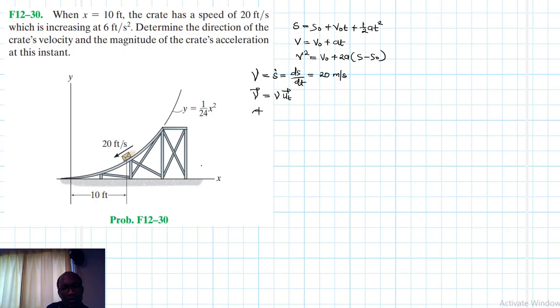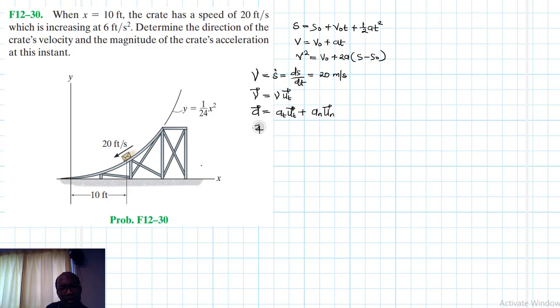And then we have acceleration. If we express acceleration as a vector, then this is equal to a_t u_t, a unit vector, plus a_n, this centripetal acceleration, times u_n, the unit vector along that particular direction.